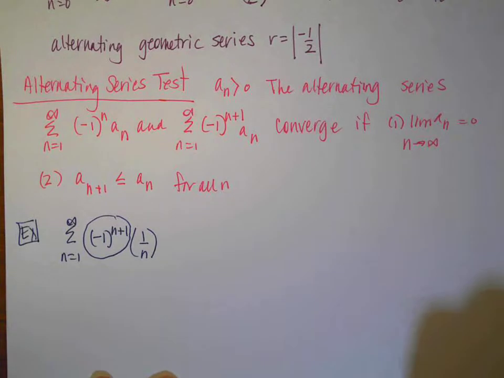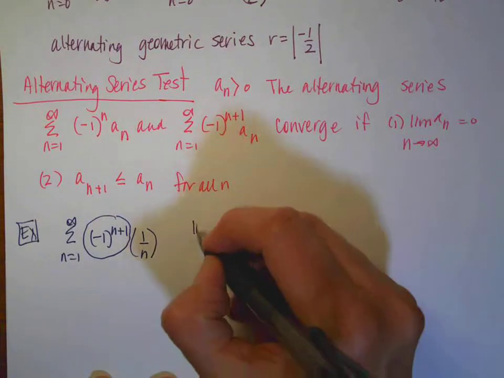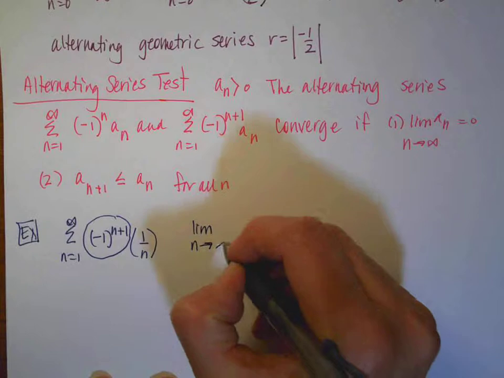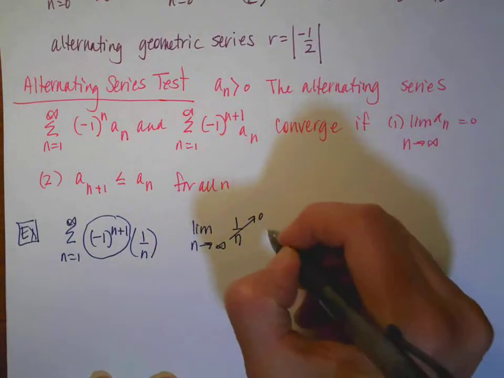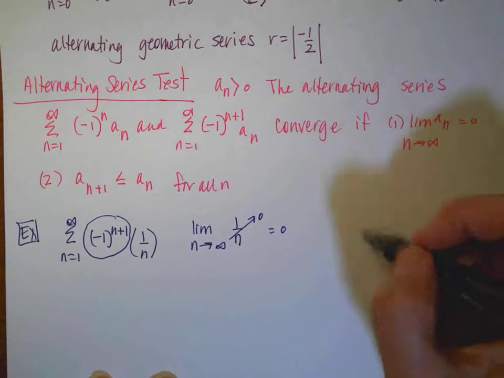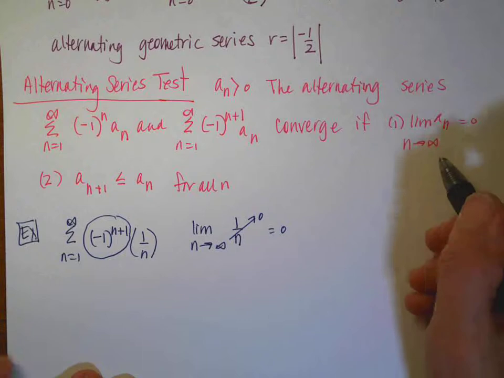So I ignore the alternating sign part, and I just want to consider a sub n. So if I think about the limit as n approaches infinity of 1 over n, well, this goes to 0. So then I have met the first condition. So the first condition said that the limit had to be equal to 0.